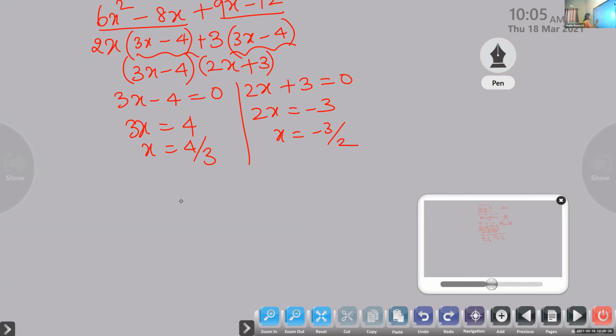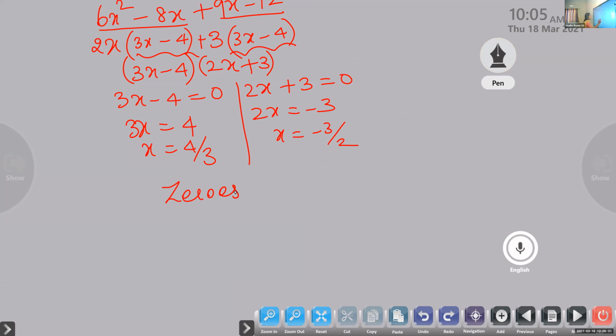So what are the zeros here? Therefore, the zeros are 4 by 3 and minus 3 by 2. So the first part is over. We have calculated the zeros.